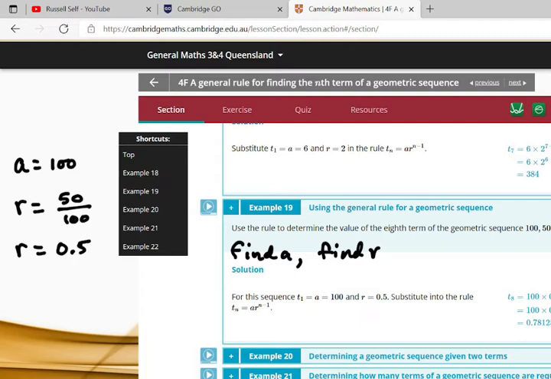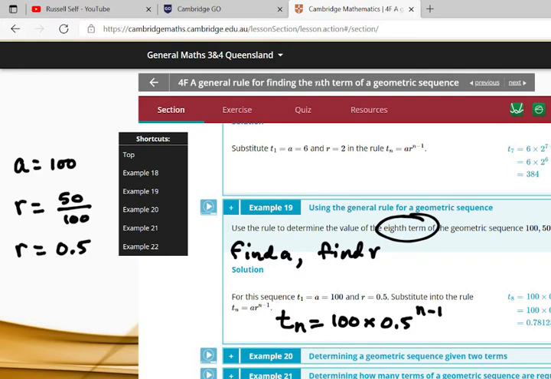So substituting that into our rule, any term in this particular sequence can be found by taking 100 times 0.5 to the n minus 1. Now, they want us to find the 8th term, so we'll do that with 8.